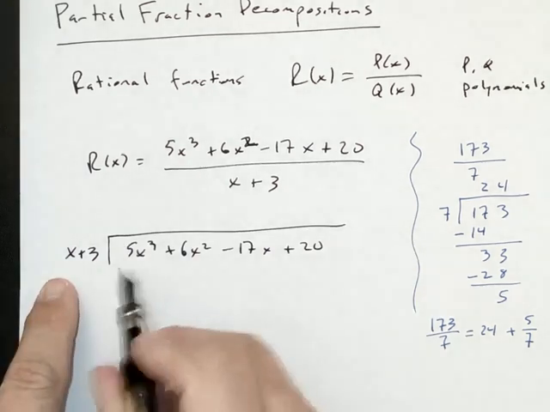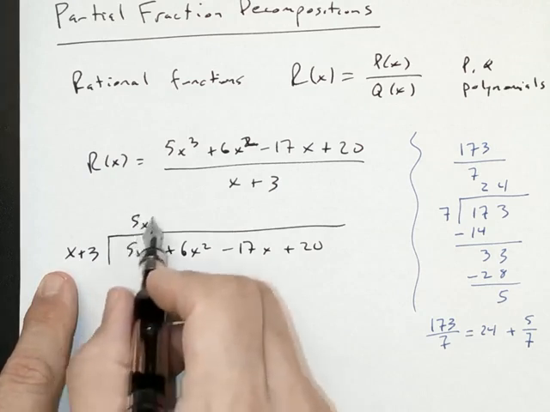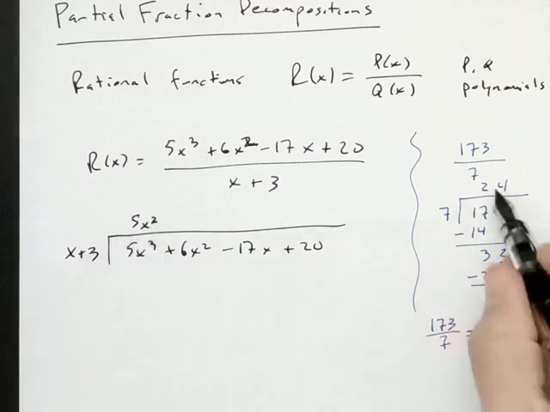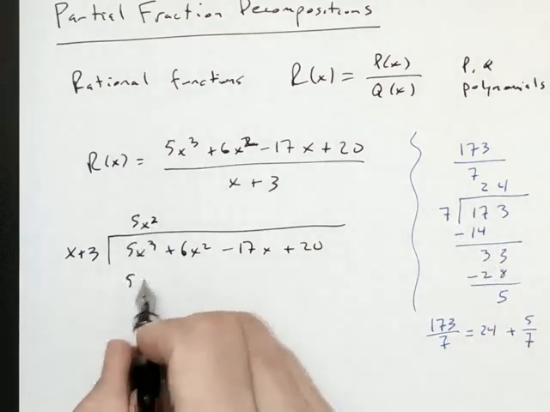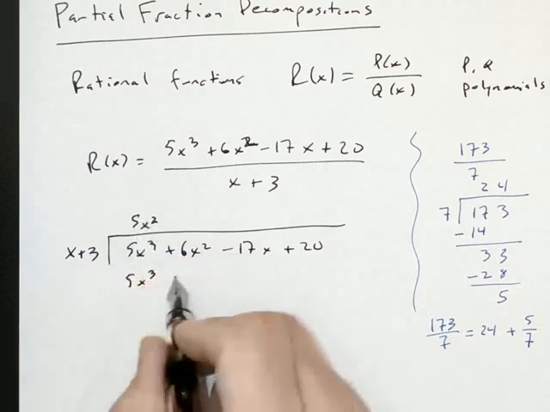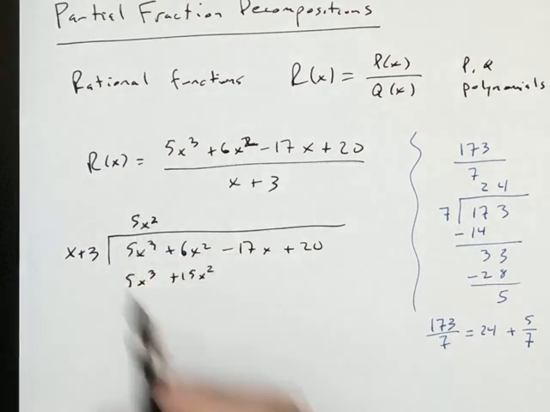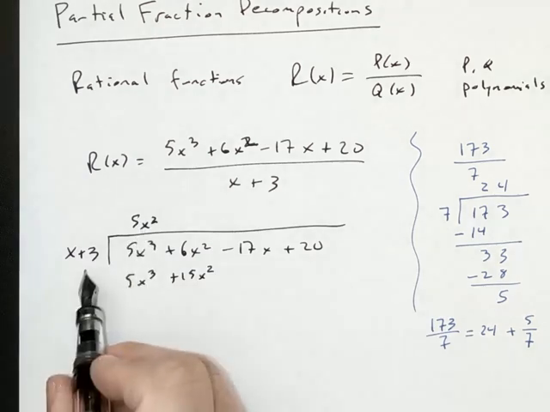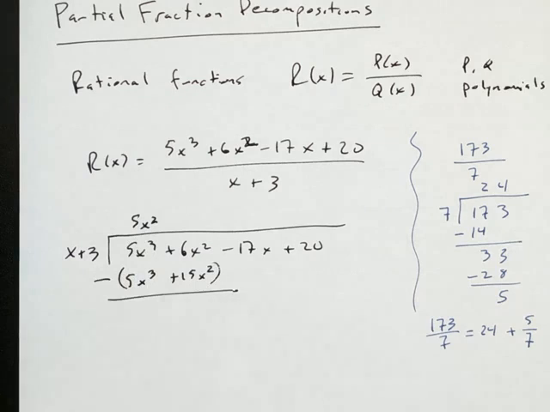So how many times does x go into 5x cubed? That means 5x squared. So I put that on top, and then I multiply. 5x squared times this whole thing is 5x cubed plus 15x squared. Then I subtract all of that, just like I subtracted the 14.